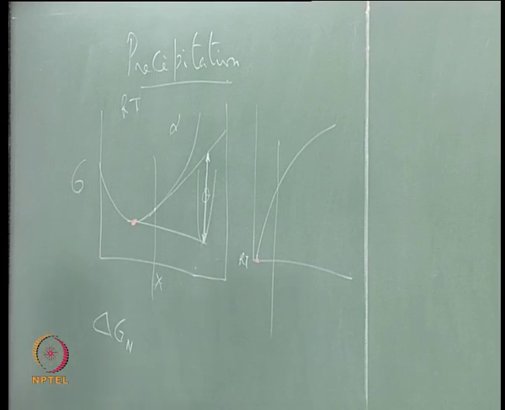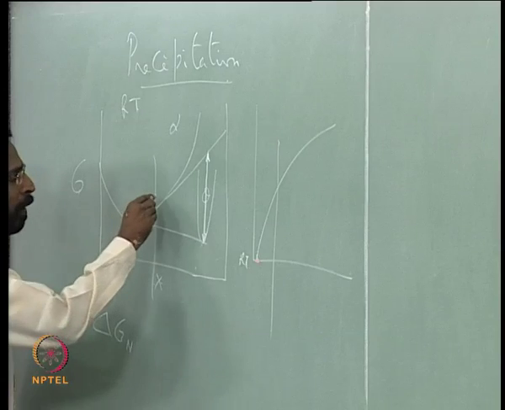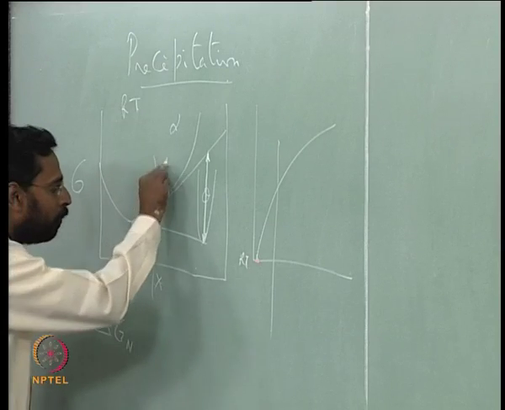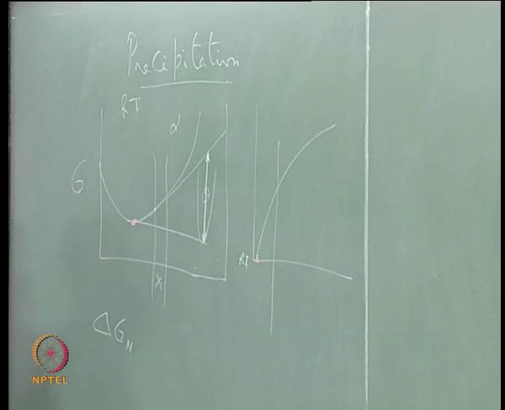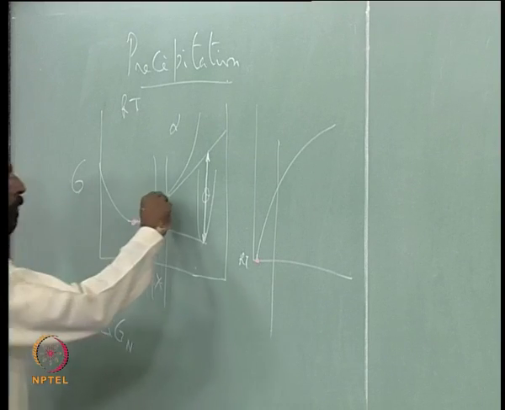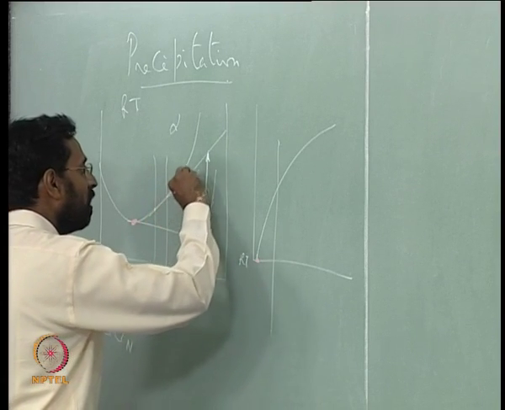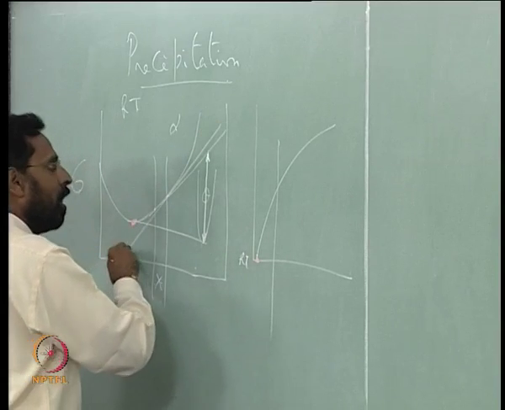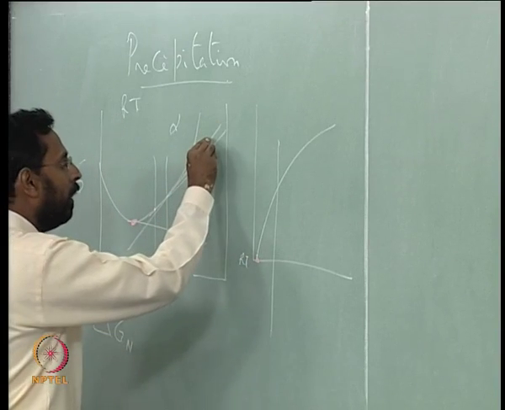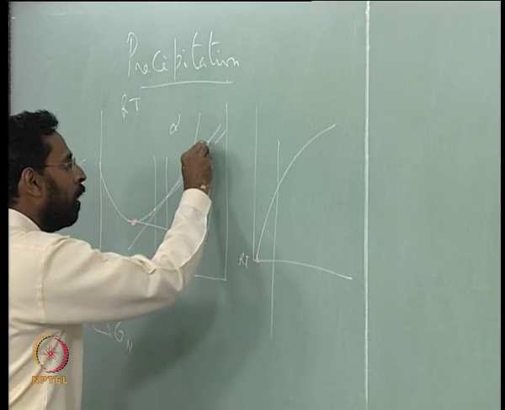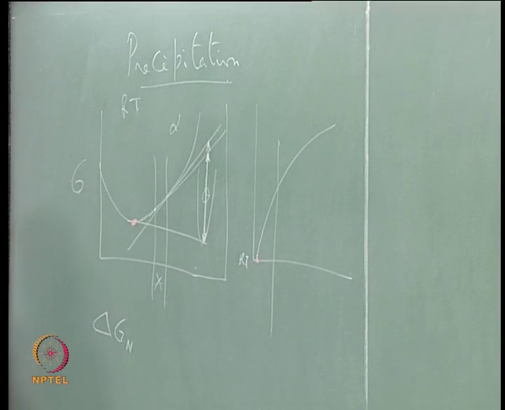And in such a case, if I change my alloy composition, if I choose another alloy composition here, in principle if I draw another tangent here, you would see that that tangent will lead you to a different driving force for the same phase.